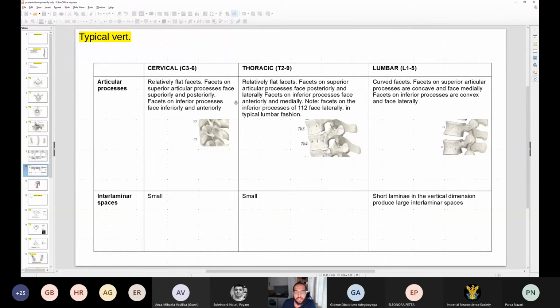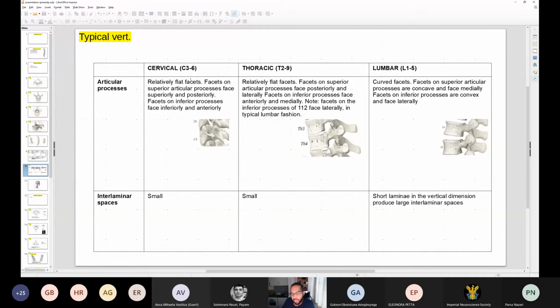So if this was directed up and to the back, the inferior would be directed down and to the front. So you just try to understand and visualize the superior articular facet, how it's looking, and from that you can work out how this should be facing.